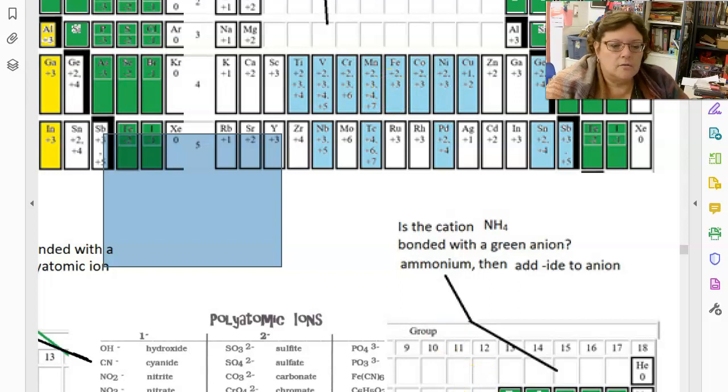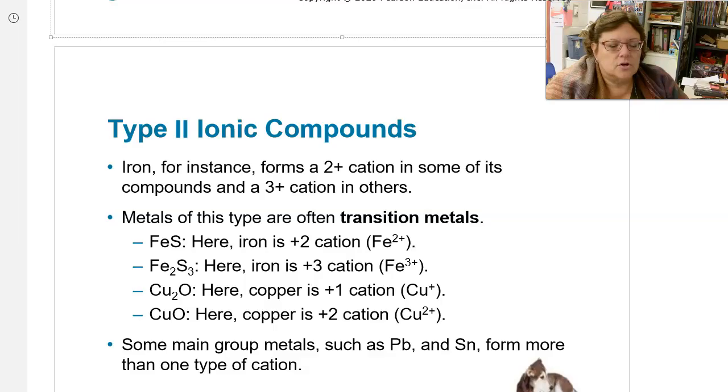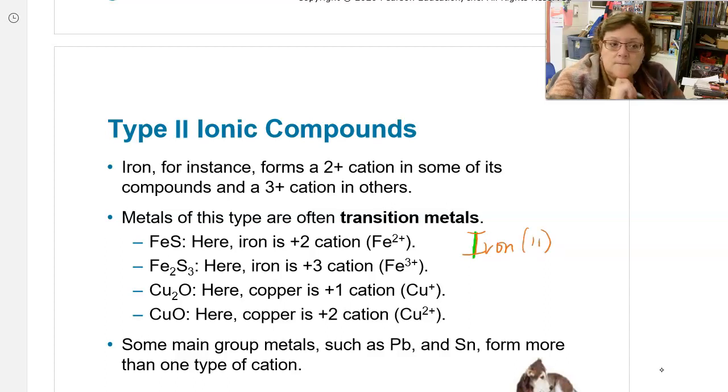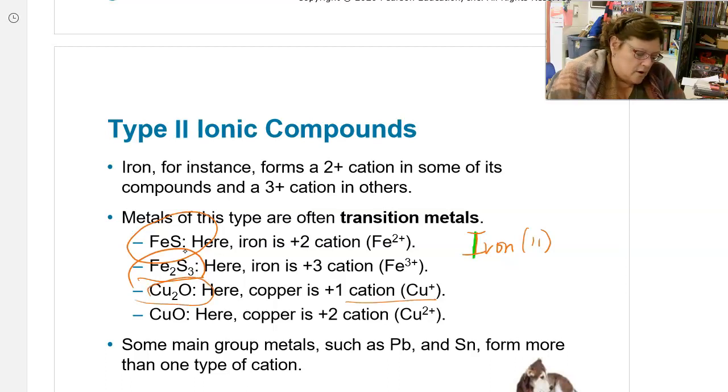So if you have a compound that contains the iron +2 cation, you would write it this way: iron, and you put the +2 in parentheses. This guy would be called iron 2 sulfide. This guy would be iron 3 sulfide. Here, copper has a +1, so this is copper 1 and copper 2 oxide.